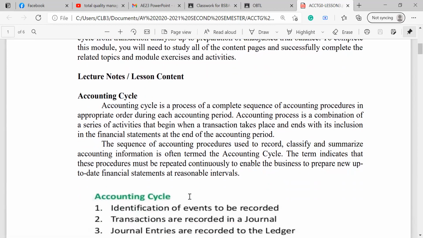Pagka natapos na, halimbawa, you identify that the transaction is accountable hanggang sa dumaan siya ng proseso, hanggang mai-include siya sa financial statement. And then, sa sunod na accounting period, same process na naman. Uulitin mo na naman yung proseso. Magre-record, magpo-post, gagawa ng financial statements, and the like.